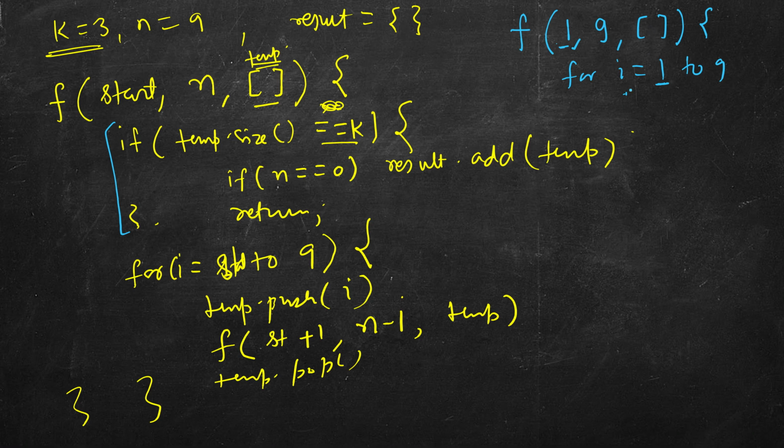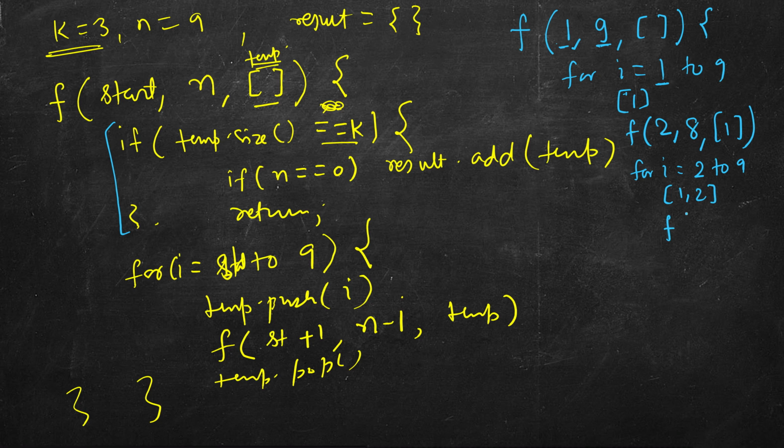So this is now 1, and we will call f, start will be 2 now, and n will reduce to 8. We have added 1, f 2, 8 and 1. Then this will again come here, it will not satisfy this, so it will again call for I equal to 2 to 9. Then insert 2 into it, so it will become 1, 2, and it will call f.